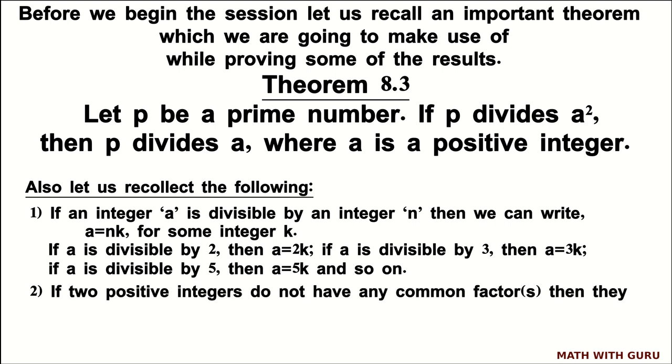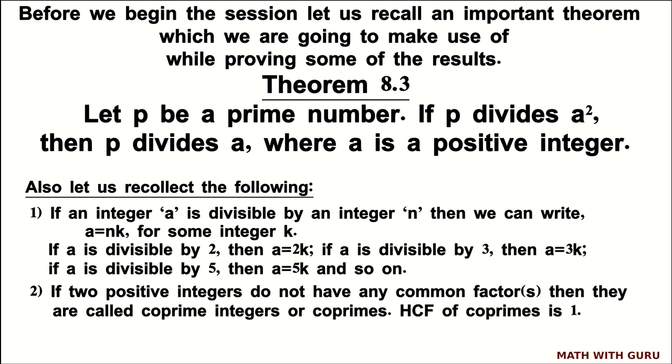Also, if two positive integers do not have any common factor or factors, then they are called co-prime integers or simply co-primes. HCF of co-primes is 1. For example, 2 and 5 are co-primes. 6 and 35, they are also co-primes.